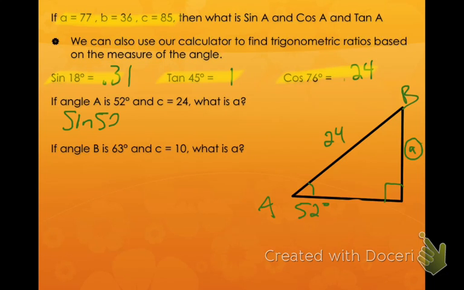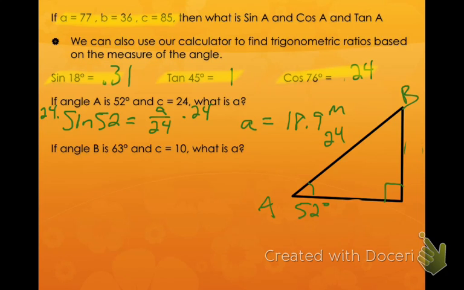I do sine of 52 is equal to A over 24. To get A by itself, I multiply both sides by 24. When I do that, I get A is equal to 18.9. So it would be 18.9 meters, if it were meters, feet, or miles, or whatever it is.